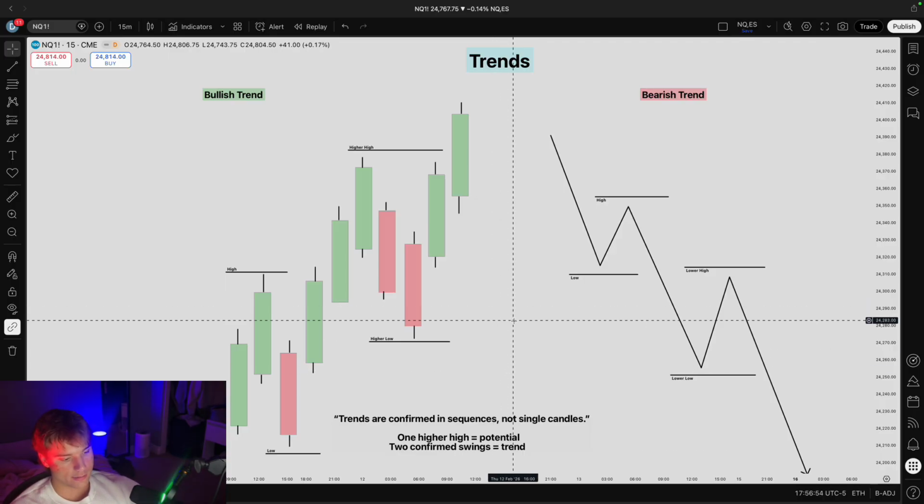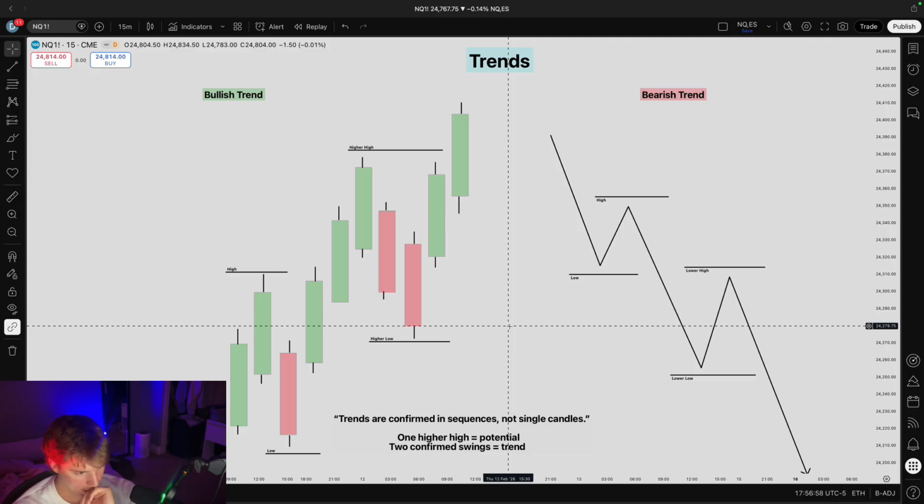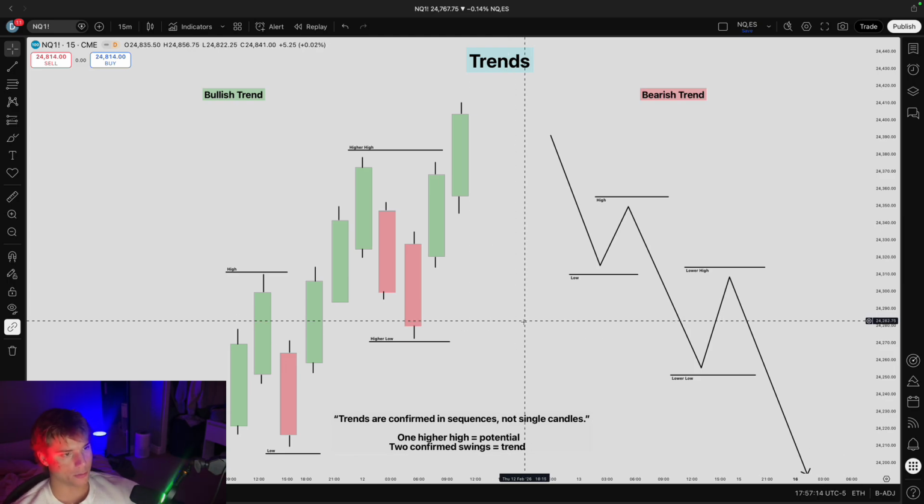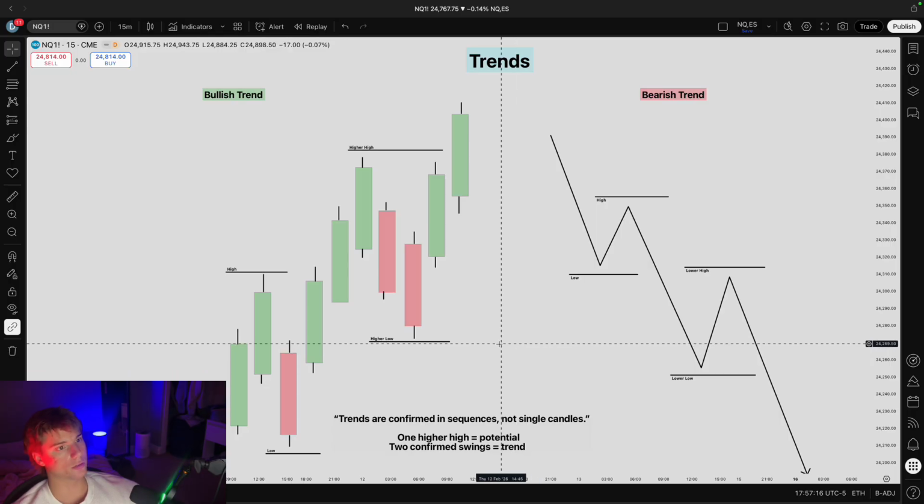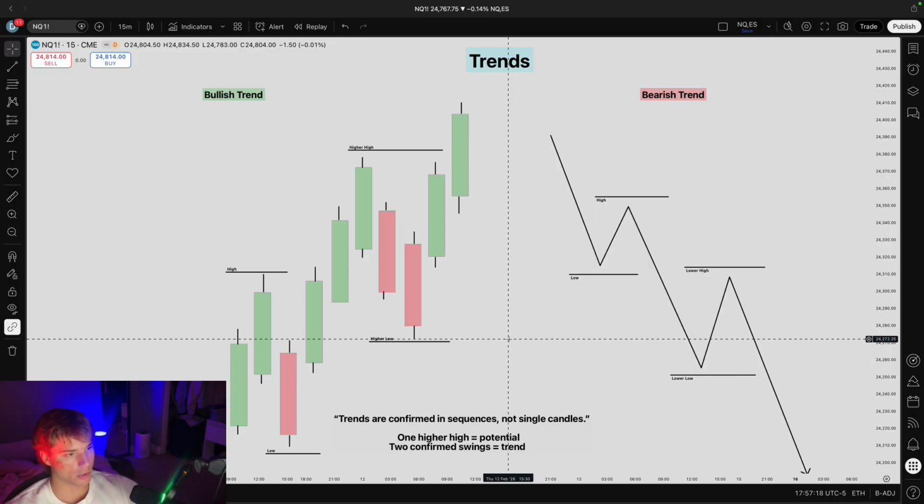So, why exactly do trends form? Price trends form due to imbalances in buying and selling pressure. And expansion is when this creates a bullish or a bearish trend. So, going back to higher highs and higher lows for bullish trends.